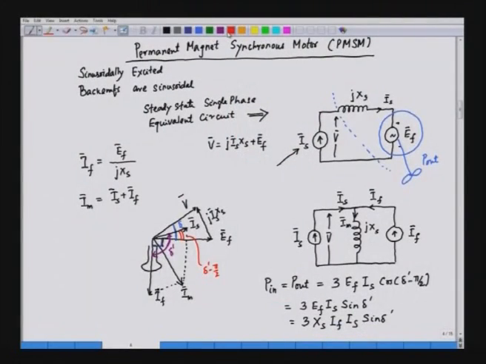When we see the equivalent circuit that we saw in the last lecture, it consists of a current source in the stator. We can excite the stator from a current source for better control of the torque. Torque is usually controlled by MMF, and MMF is obtained by a current.